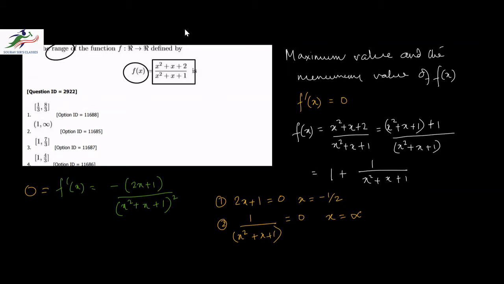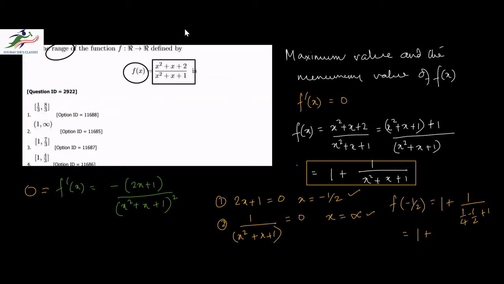Now, if we just put the values of x equal to minus half and x equal to infinity in the original function f(x), then f(x) at x equal to minus half, which is f of minus half, will be equal to 1 plus 1 by (1/4 minus half plus 1), which is equal to 1 plus 1 over 3 by 4, since 1/4 plus 1 means 1 and 1/4, minus half is 3 by 4.